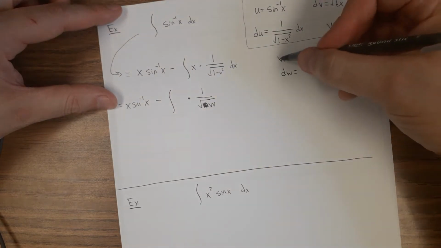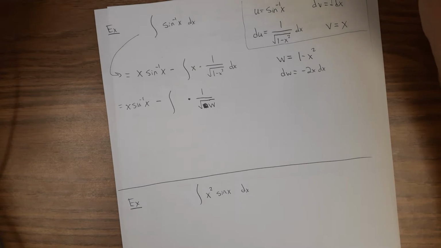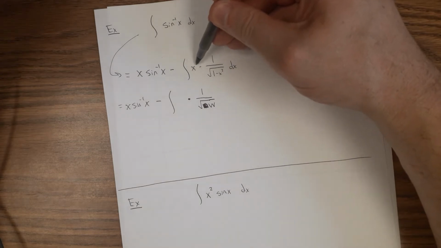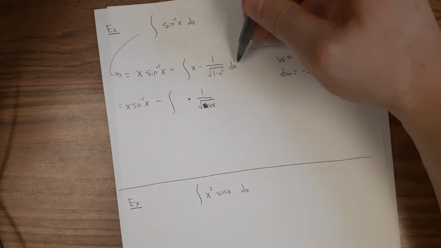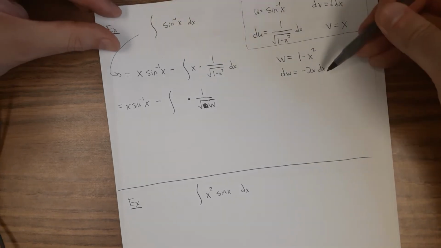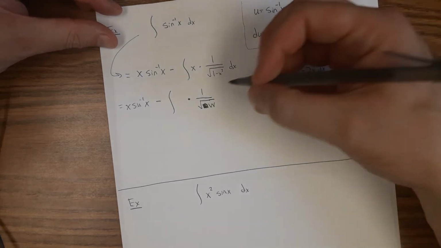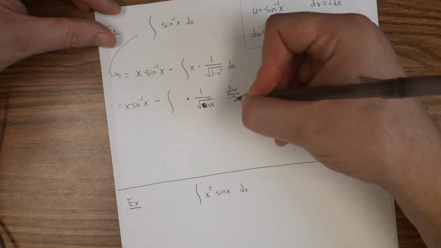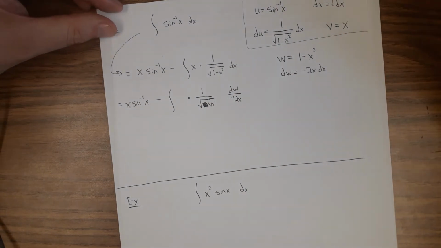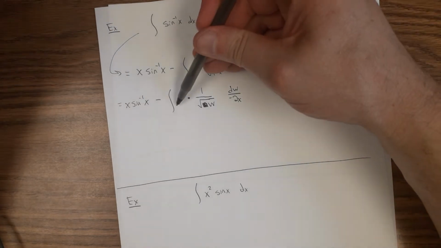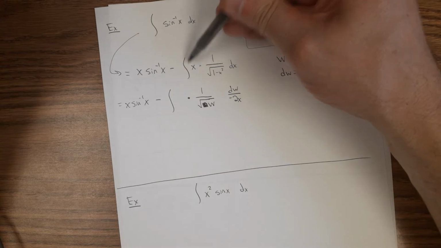That's the whole point of why we made w what we made it. And so, I haven't taken account of this x, and I also haven't taken account of dx. So let me do the standard thing for dx. I just solve for it. So dx would be dw over negative 2x. And then I just have to keep in my memory that the space I left here was for the x.